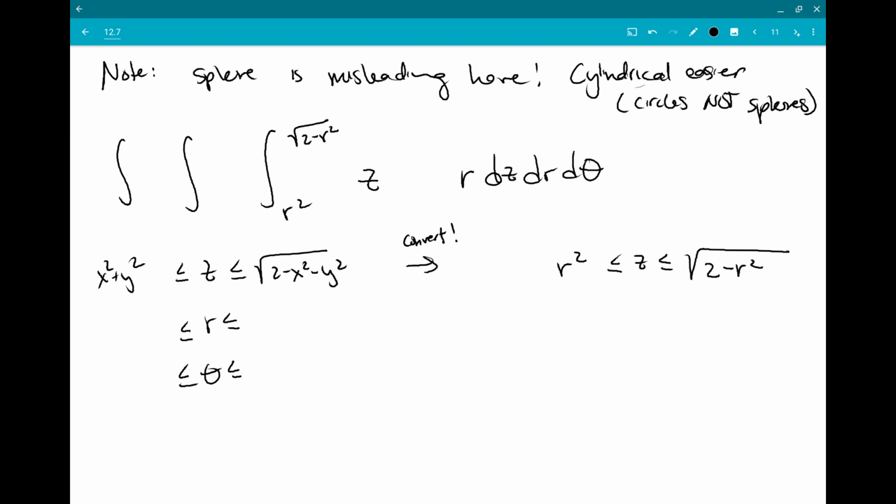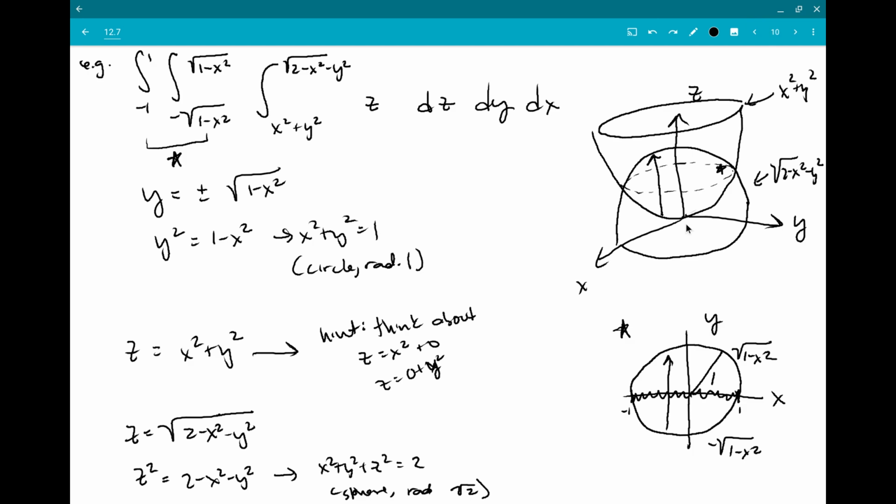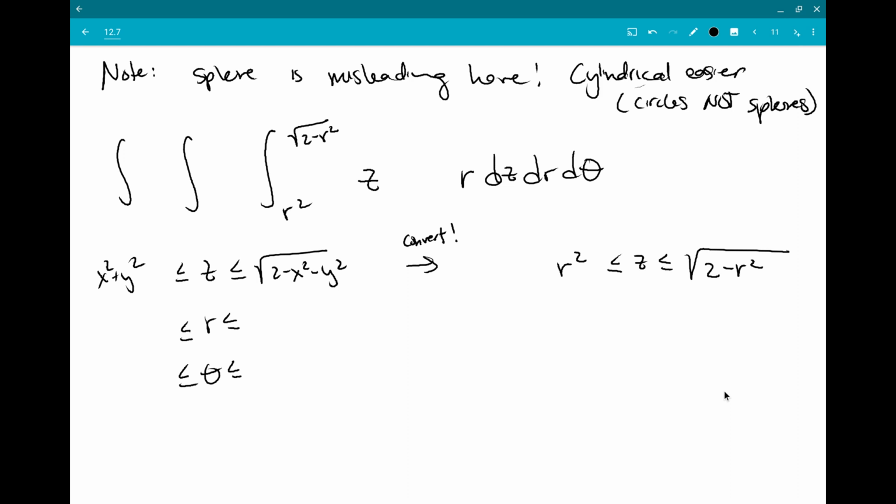And now I just have to think about my r and theta bounds. So when I'm creating my theta bounds, I think about the shadow my shape casts down into the xy plane. So I look over here, and I start at the positive x-axis, and I spin all the way around.